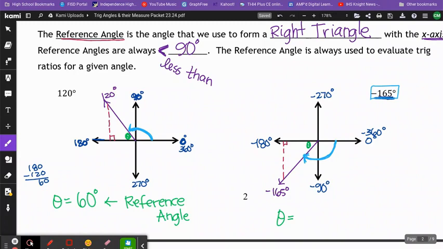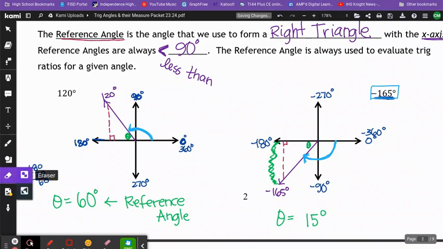My theta is inside there at the origin, so I need to figure out how many degrees that reference angle is. So I need to figure out how many degrees are in here. From negative 165 to negative 180, I need to know how many degrees are in there. So from 165 to 180 would be 15 degrees.